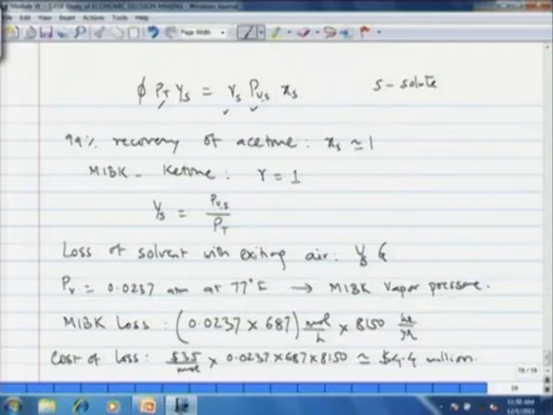Now, if you compare the loss of solvent with exiting air, which cannot be reduced, it can be reduced only by decreasing the vapor pressure of solvent or reducing the temperature of the absorber, which is of course quite expensive. Okay. So, the loss itself is about $4.4 million.